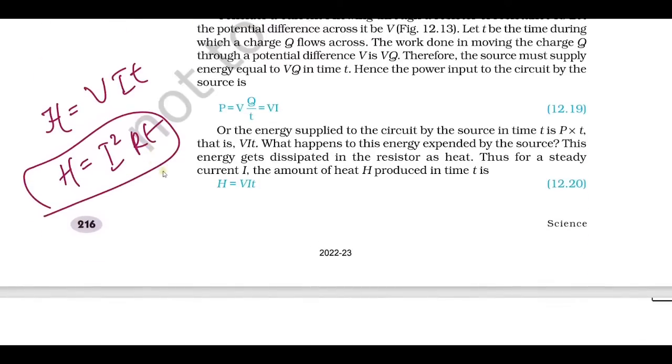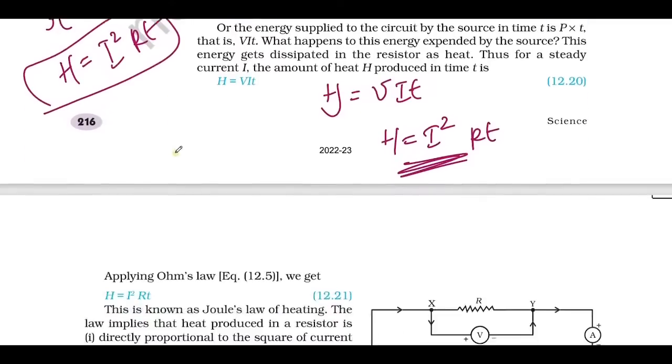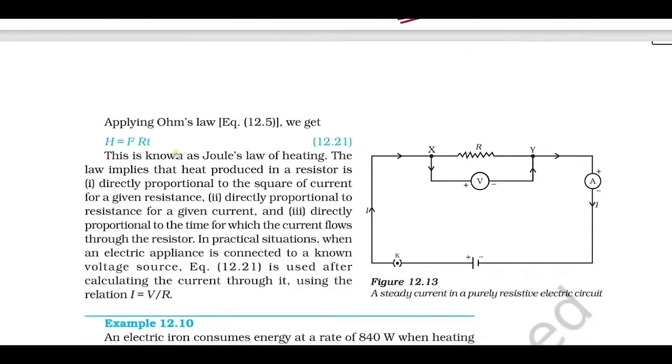The heat produced in a conductor is given by H equals VIT. Then applying Ohm's law, we get H equals I square RT. This is called Joule's law. So state Joule's law of heating: H equals I square RT.